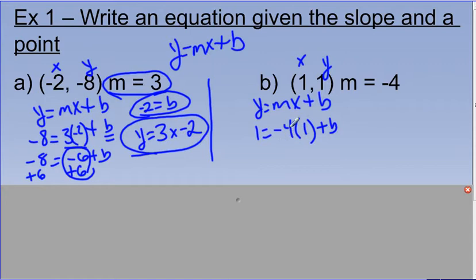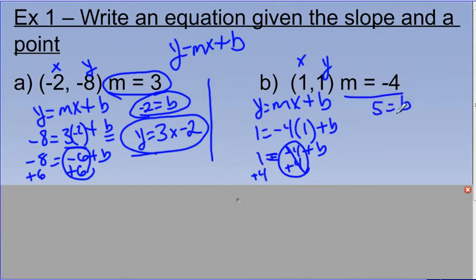Simplify a little bit. So negative 4 times 1 is negative 4. To solve this, we're going to have to add 4, because that's how you get rid of the negative 4. Negative plus. So these canceled out. This will give us 5 equals b.